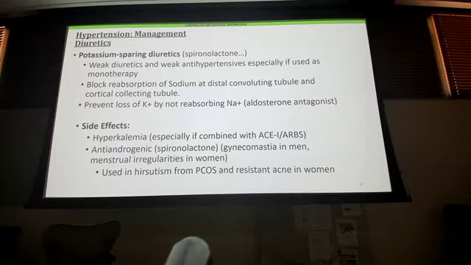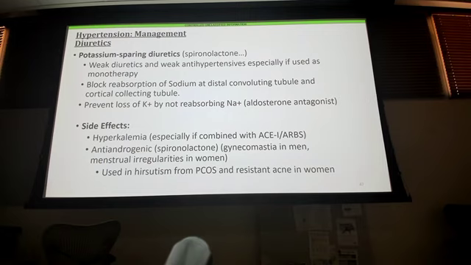Potassium-sparing diuretics. Excluding one thing that we're going to talk about tomorrow, this is not a primary treatment for blood pressure. And the reason for it is, one, it doesn't necessarily work as well as the other first-line agents for lowering blood pressure. But two, there are side effects associated with the use of potassium-sparing diuretics.